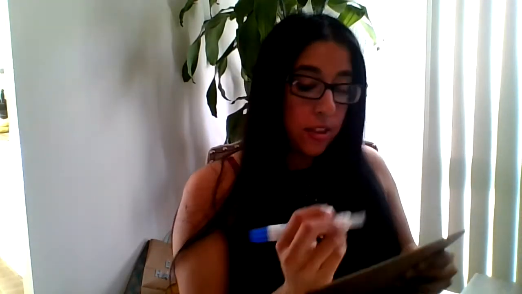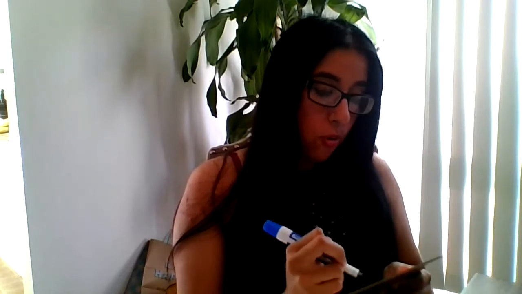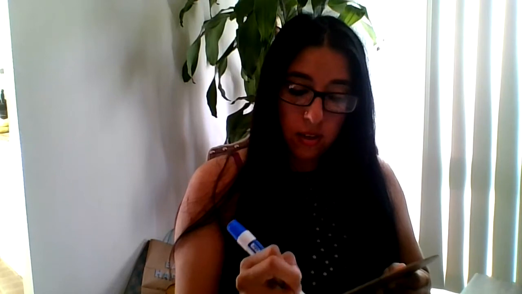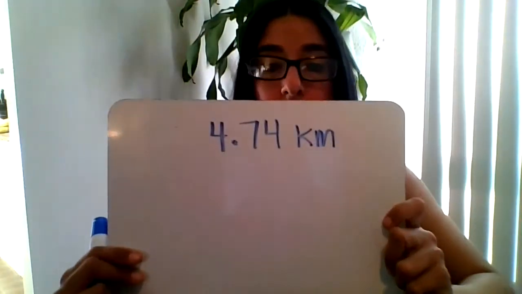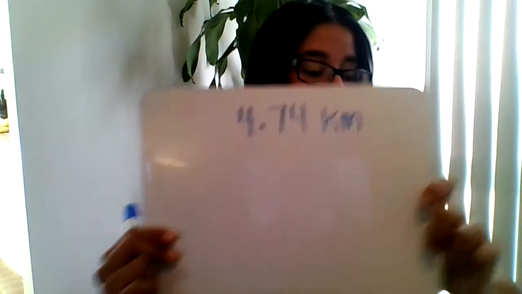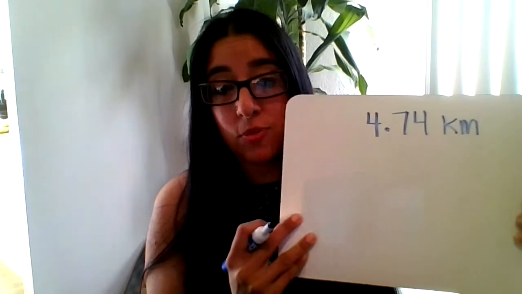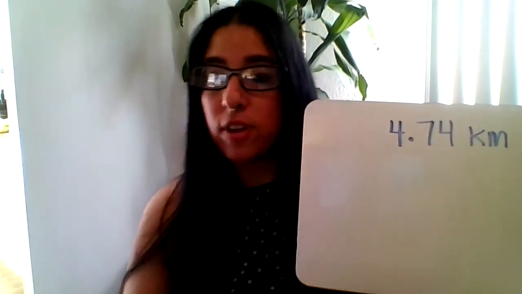So if we know that the course is 4.74 kilometers long, and I'm just going to write that there just to start because that's my first key detail. And she ran that over 5 days. So we need to know how much did she run in all. So we've gone over this in class. We have to think, what are our options?